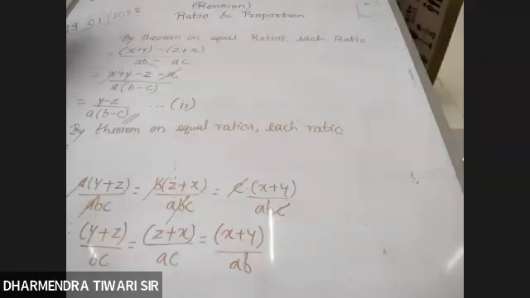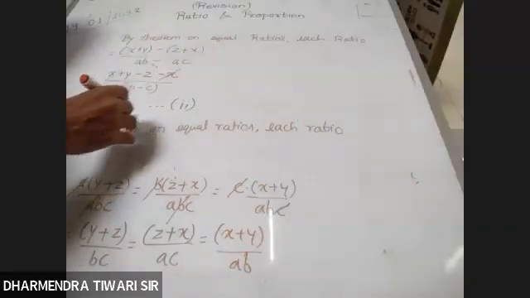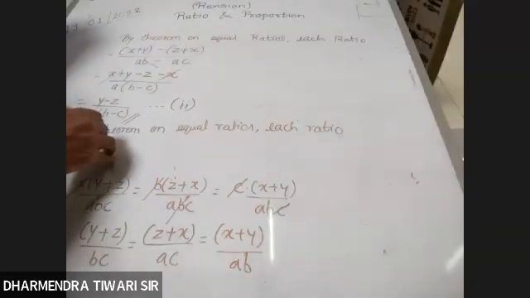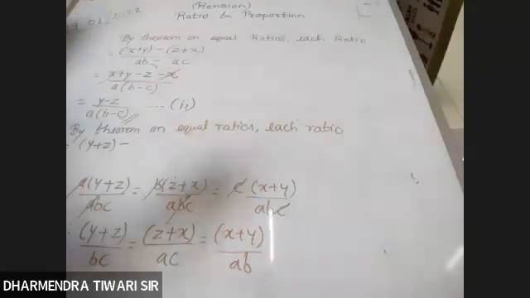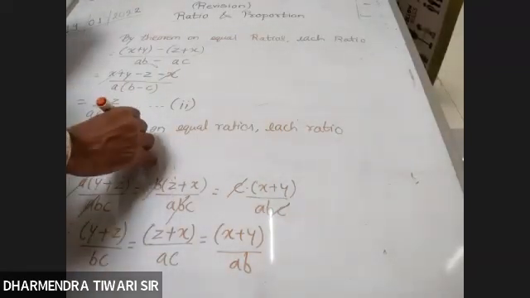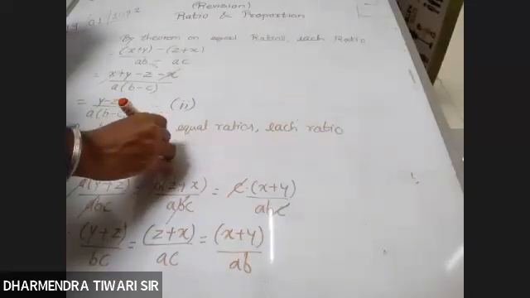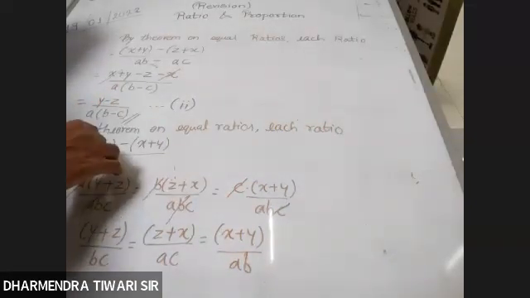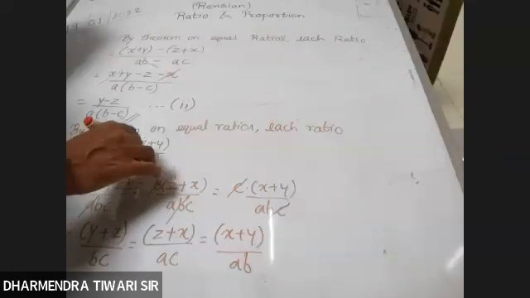The demand is of z minus x. So as we have decided, it will be y plus z minus last, that is x plus y divided by bc minus ab.